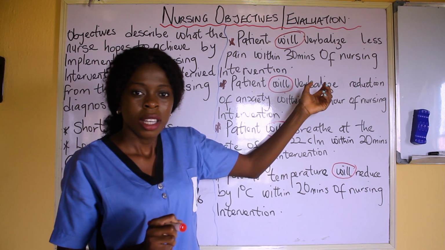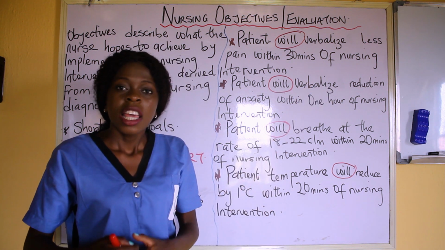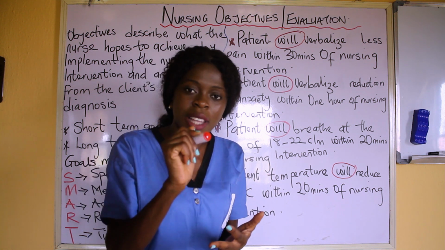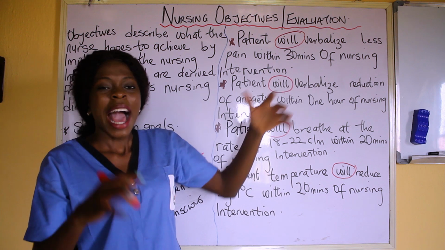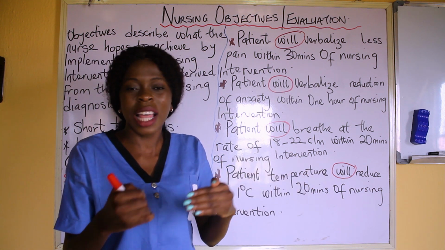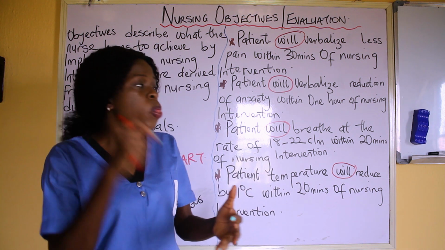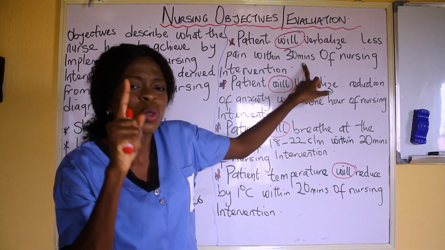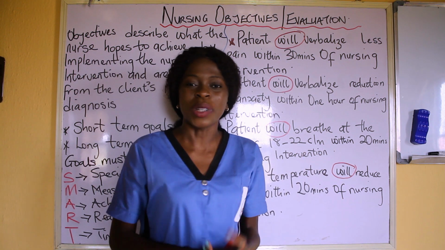It will look as if you don't know what you are doing, because it ought to be within that 30 minutes. If you want to use the word after, it has to be less than this 30 minutes. You can say after 15 minutes, after 20 minutes, after 25 minutes of nursing intervention, not after the time which you gave. So that is when to use after and within.